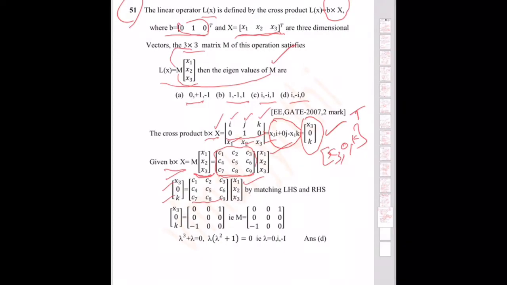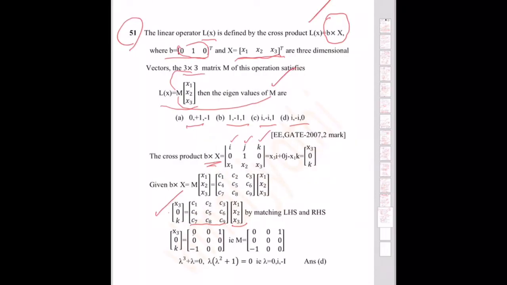By matching LHS and RHS, the first entry is x3.